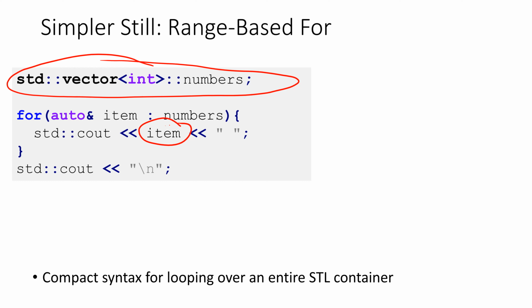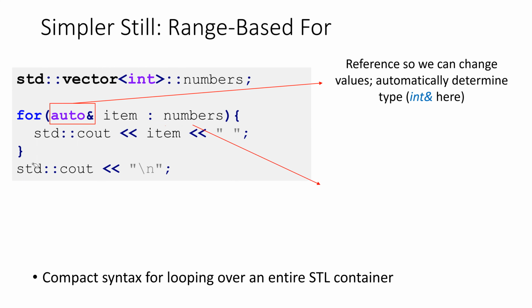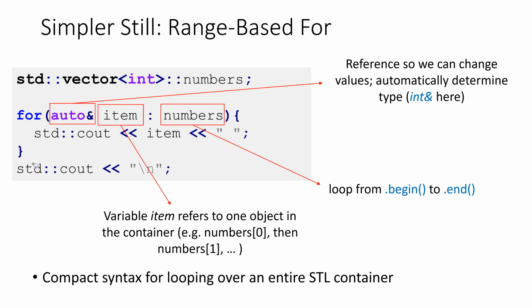It's just that people write the same code over and over again of, for it equals numbers.begin, it not equal to numbers.end, etc. C++ has made a shorthand for it, and effectively behind the scenes is filling in the blanks for you. So if you like that shorthand, you can use it. If you don't like it, never use it. It doesn't really matter. Okay, and I'm not going to talk any more about that.